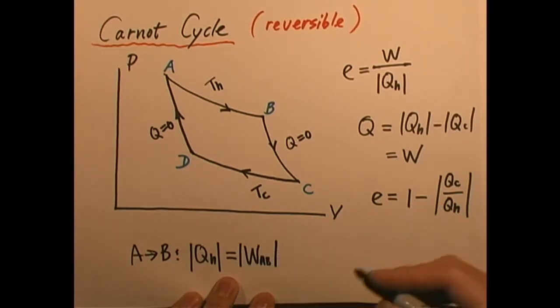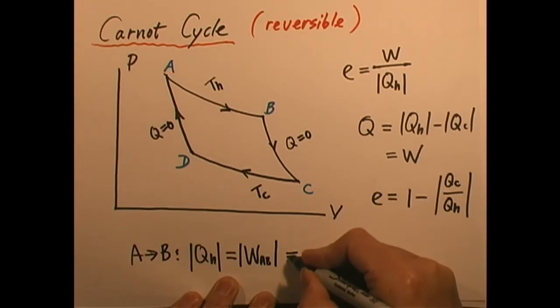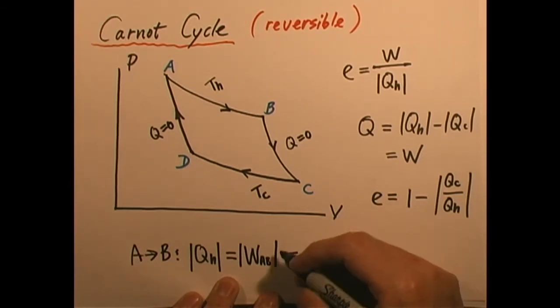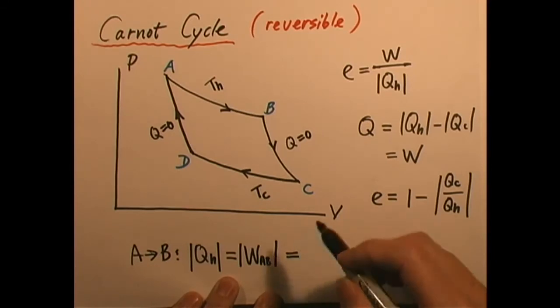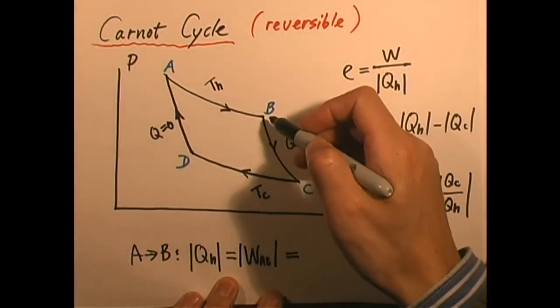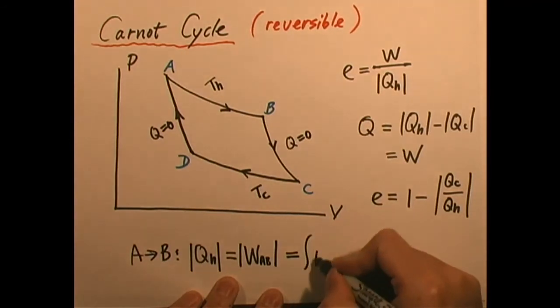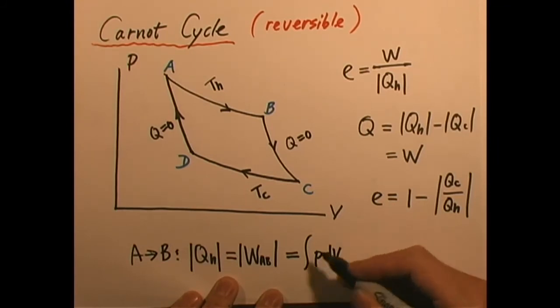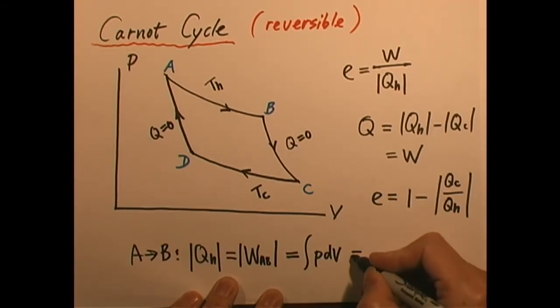Alright? And do we know what that is? Yes, we do. We did this calculation before in the previous chapter. The work done by an ideal gas when it undergoes an isothermal process is the integral of P dV. You can do this calculation very easily, using PV equals nRT, and remember T is a constant. You do this calculation as a review.